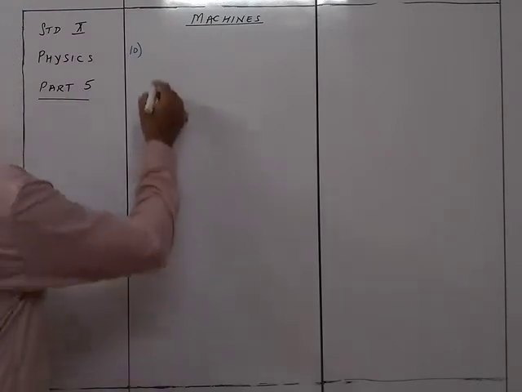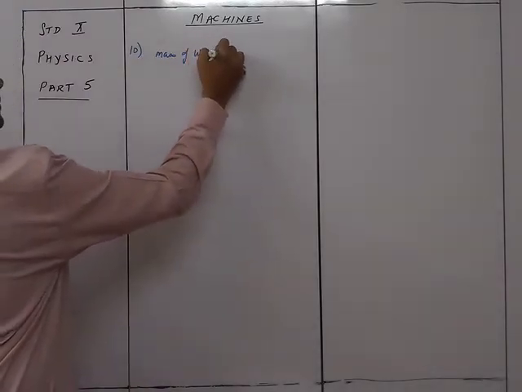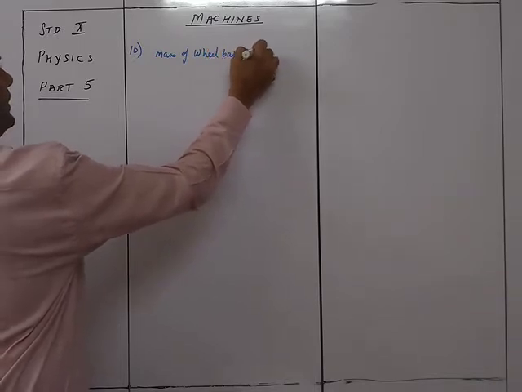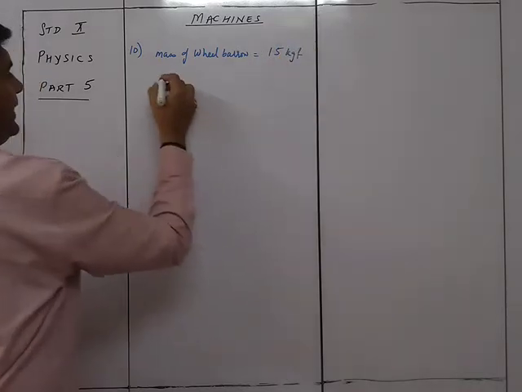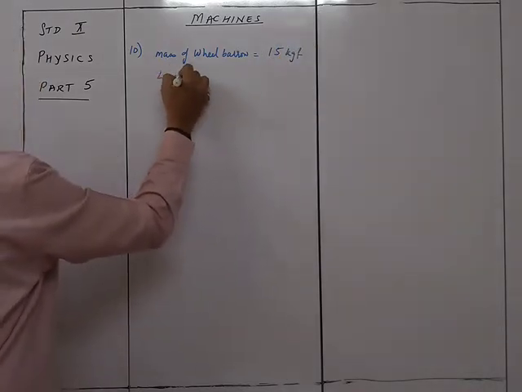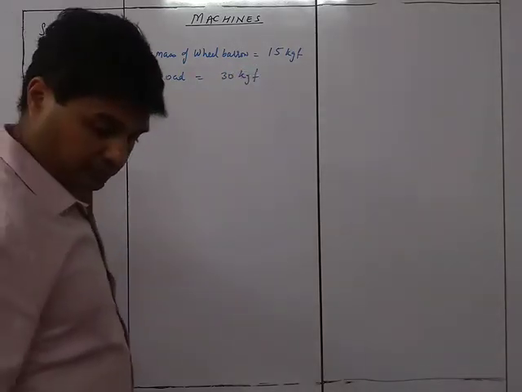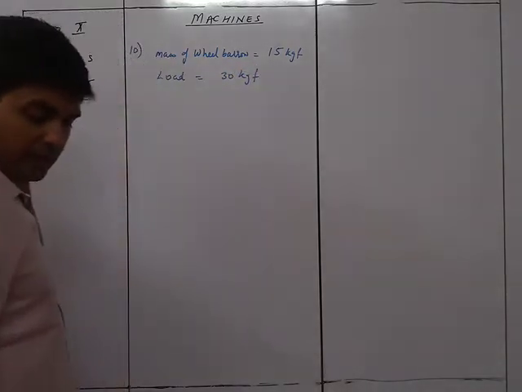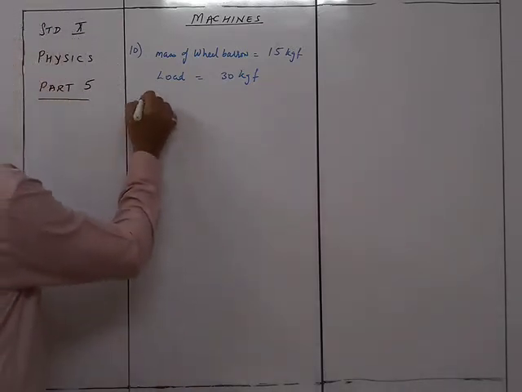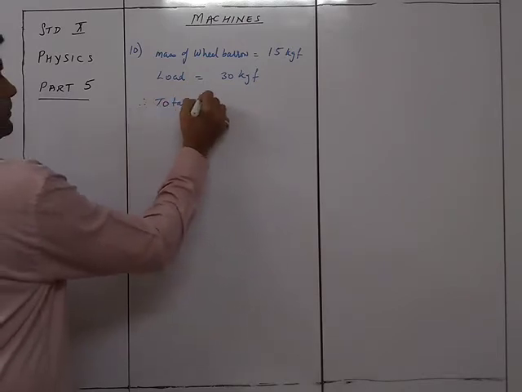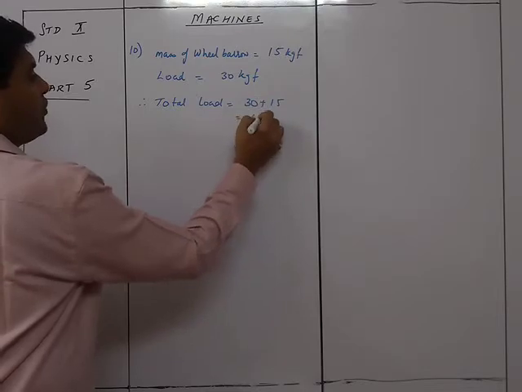So first thing they have given us: mass of wheelbarrow is equal to 15 kg and load is equal to 30 kgf, with its center of gravity at A. Therefore total load is equal to 30 plus 15 is equal to 45 kgf.